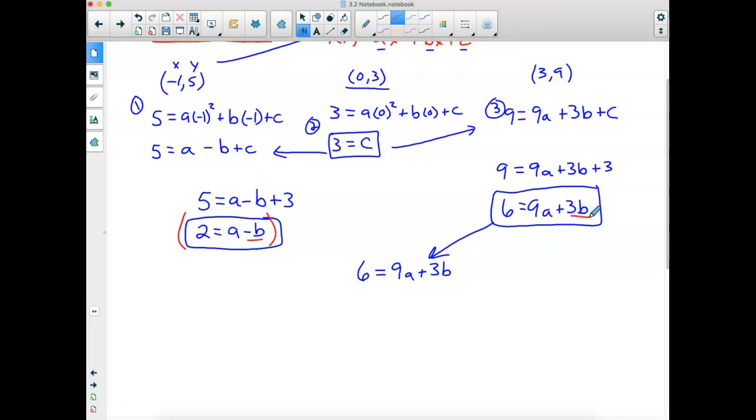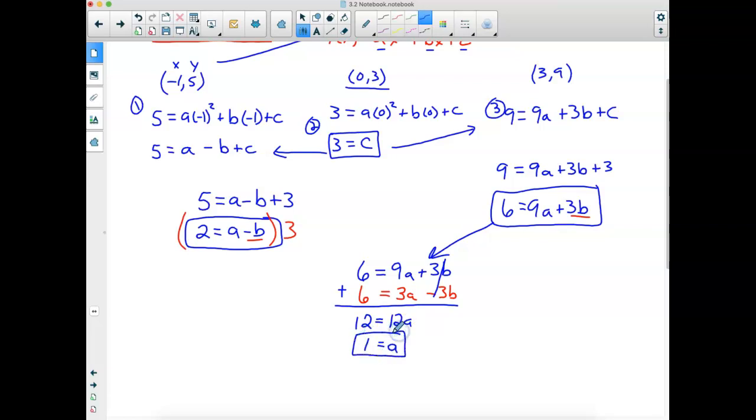So if I multiply this equation by 3, that's going to give me 6 equals 3a minus 3b, so that I can actually add these 2 together. My b's are gone. What I get is 12 equals 12a, so that would mean a equals 1.